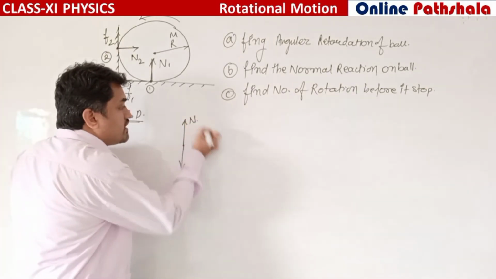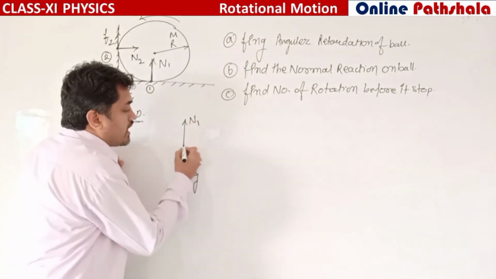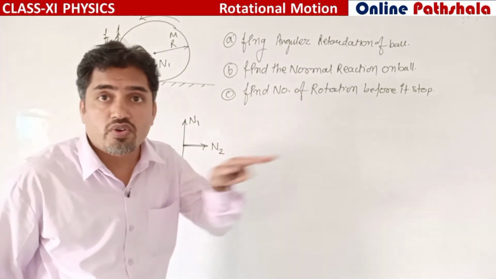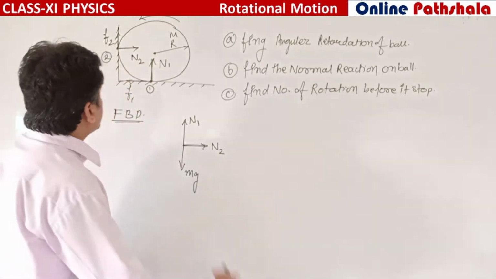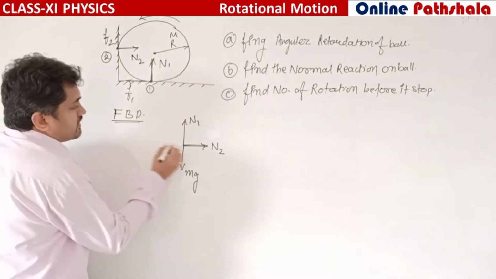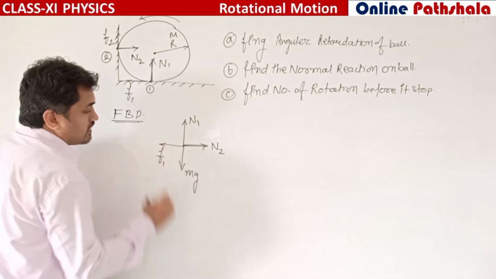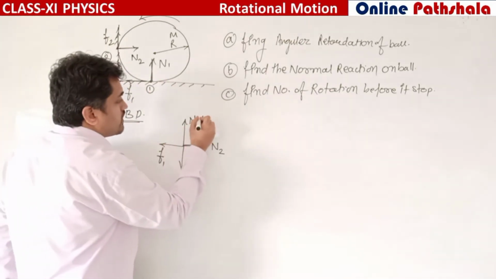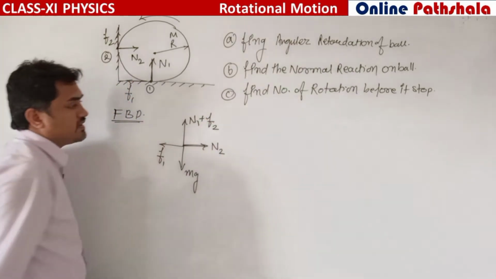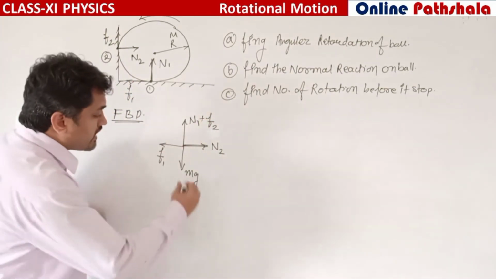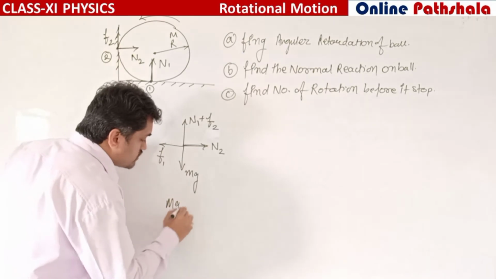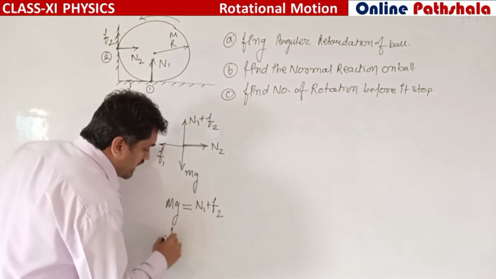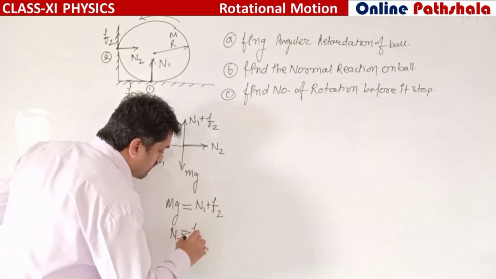Normal reaction N1 is vertically upward, and normal reaction N2 is in the horizontal forward direction. F1 is in the backward direction, and we can add F2 with N1, which is vertically upward. So we can write mg equals N1 plus F2, and N2 equals F1.